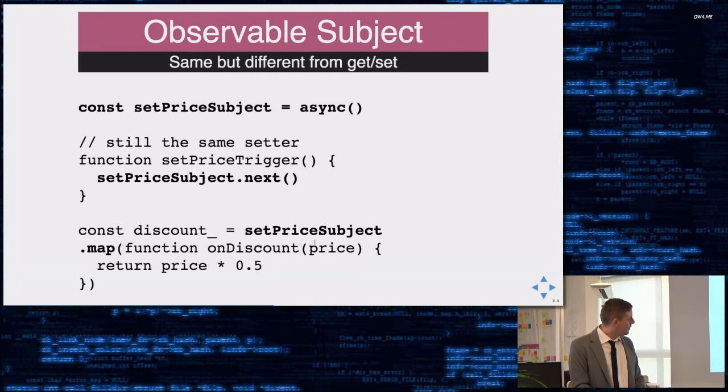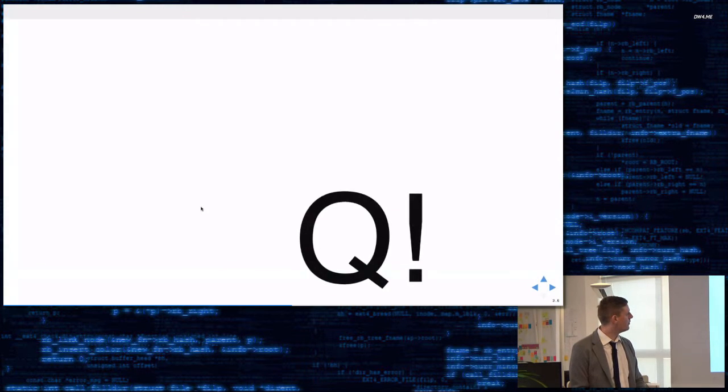And take the price, which you send in here by setting a variable price, and then you return half the price or something. Now you're totally reactive. If you somehow look at the discount stream, it will always give some value based on another stream. You're starting to combine streams together.